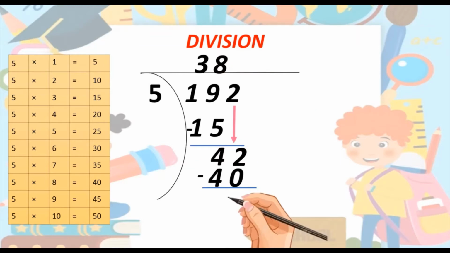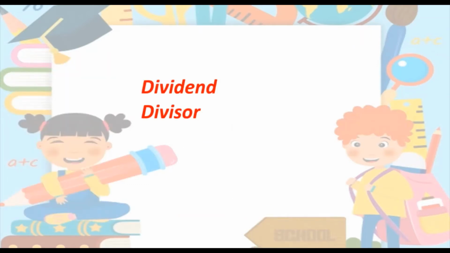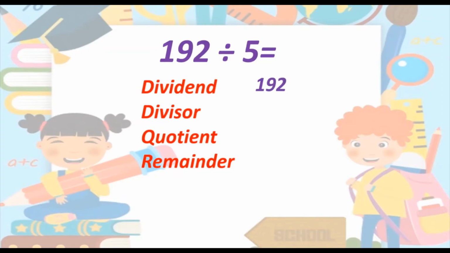So we write 5 8s are 40 and the remainder is 2. Now we have the quotient 38 and remainder as 2. Now the dividend is 192, the divisor is 5. We got the quotient as 38 and remainder 2.